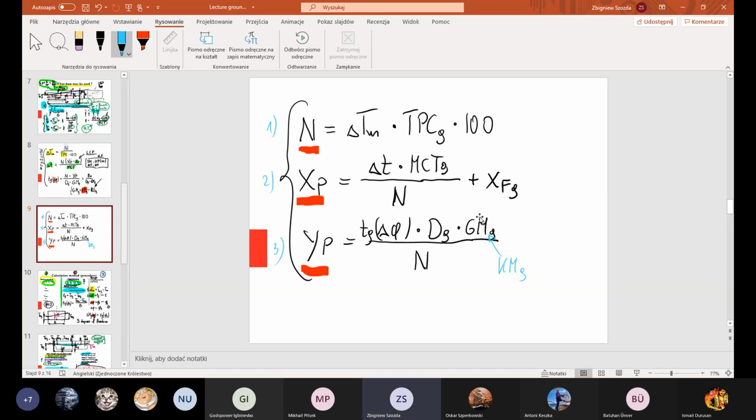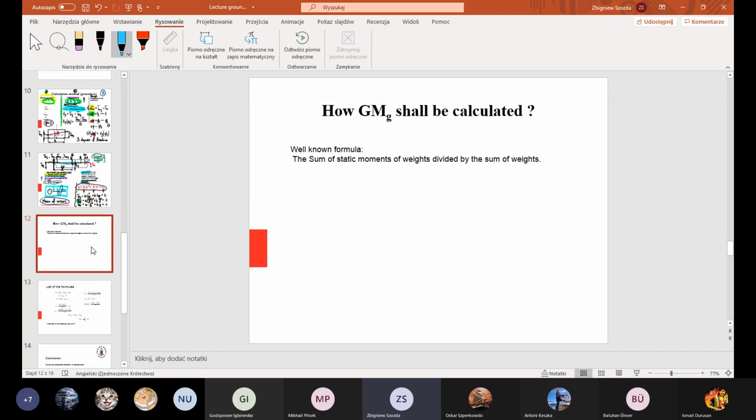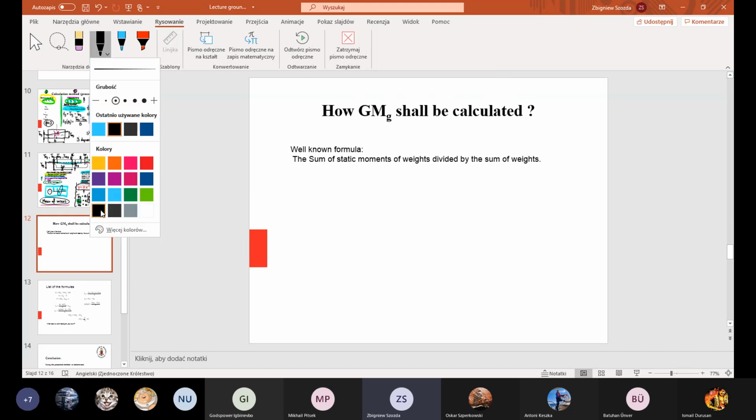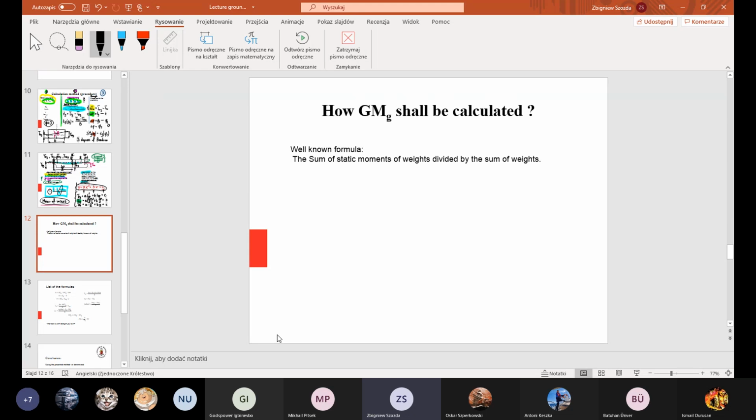I think it is obvious for everybody how to do it, but to be sure, I will open the discussion and ask everybody how initial metacentric height after grounding may be calculated. So I open the floor, but Batuhan, please sit silent. You answered at least twice, maybe three times today. Maybe another student.